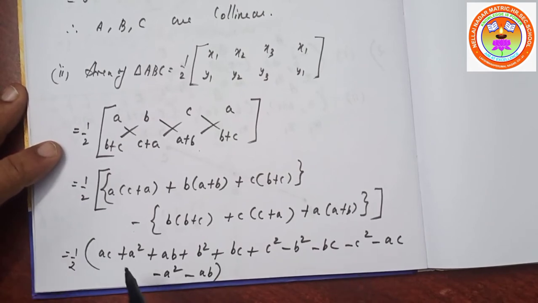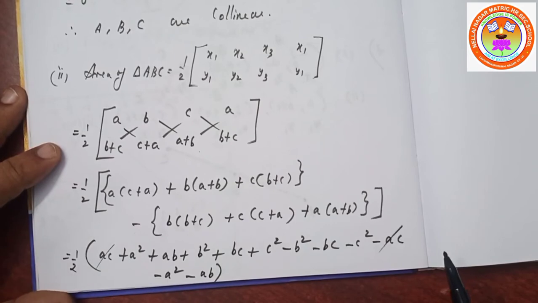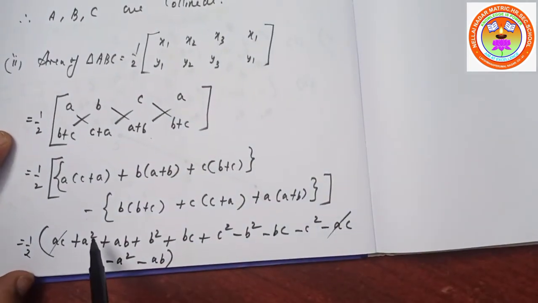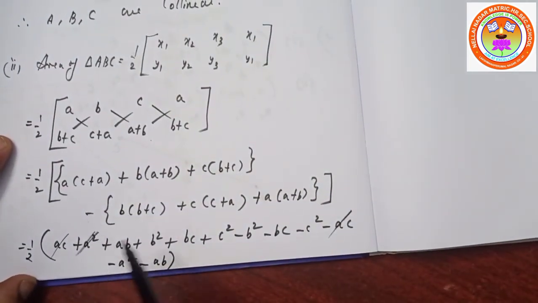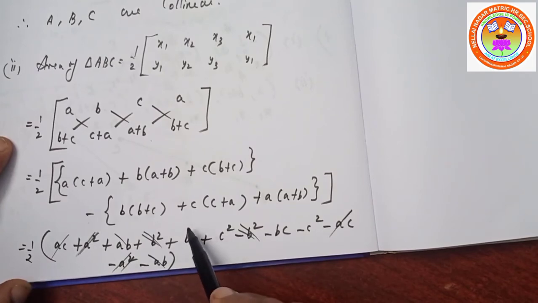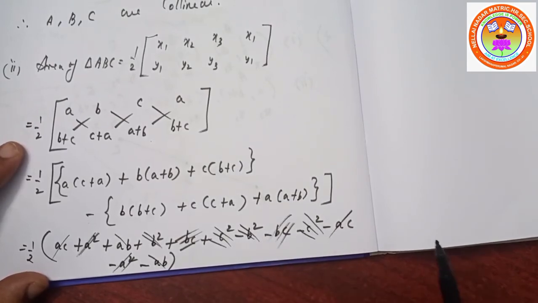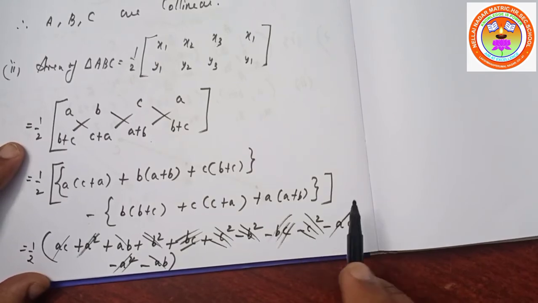Now, AC minus AC get cancelled, plus A squared and minus A squared get cancelled, and plus AB minus AB, plus B squared minus B squared, then plus BC minus BC and plus C squared minus C squared, all cancelled.